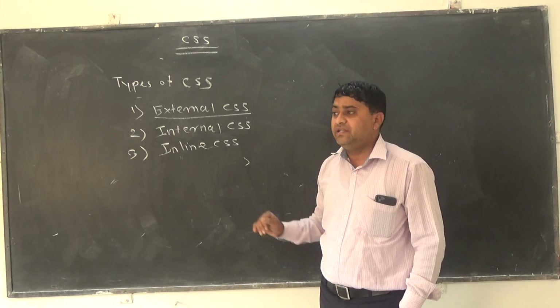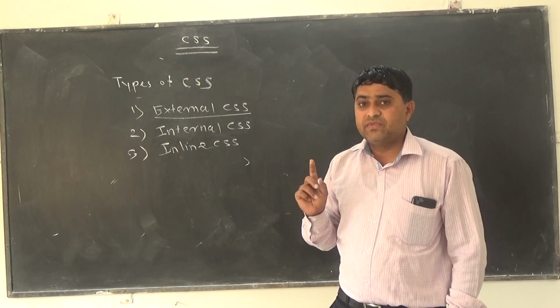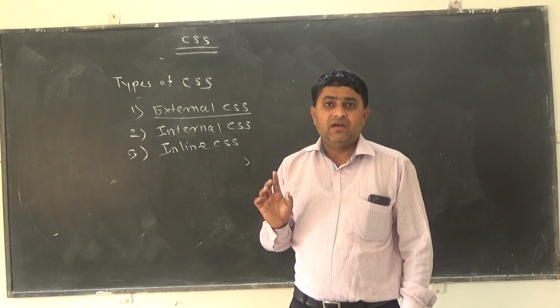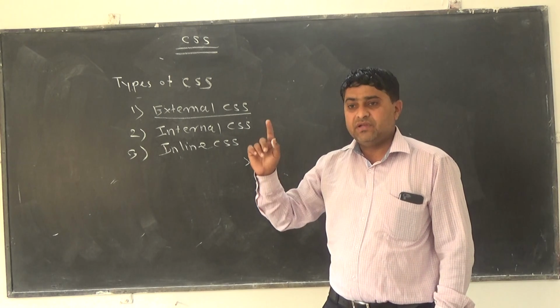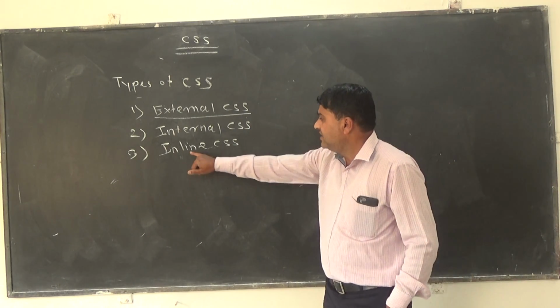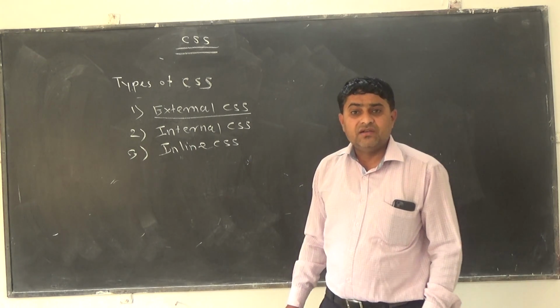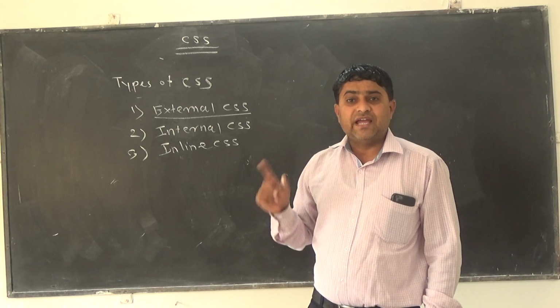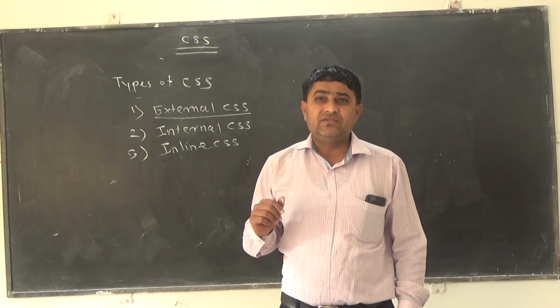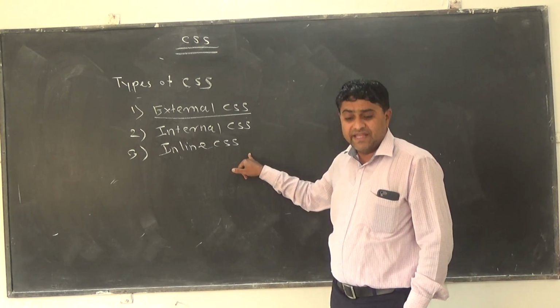We define the internal CSS using the style tag, style type txt/css, close the style. And the last one is the inline CSS, meaning that we directly apply the CSS to that element. So this is called the inline CSS.